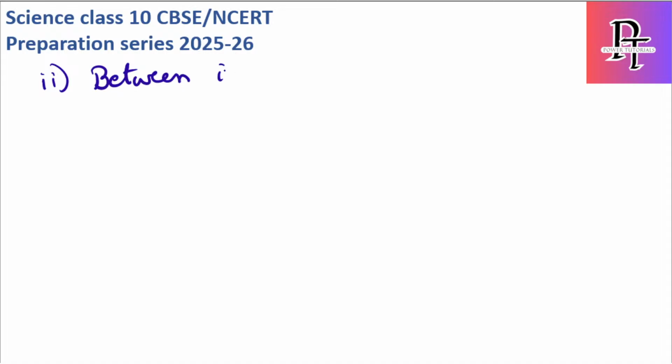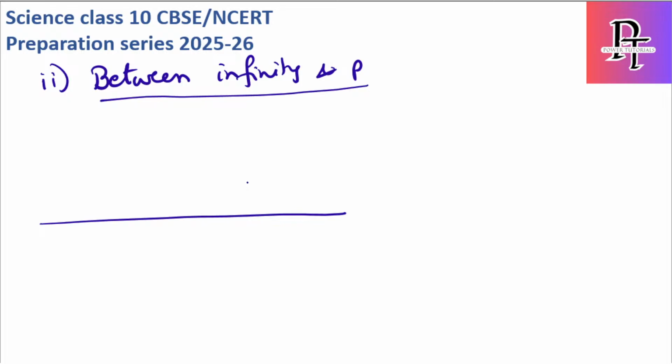Between infinity and pole. So we have a convex mirror. This is infinity, this is the pole. I'm keeping the object here.